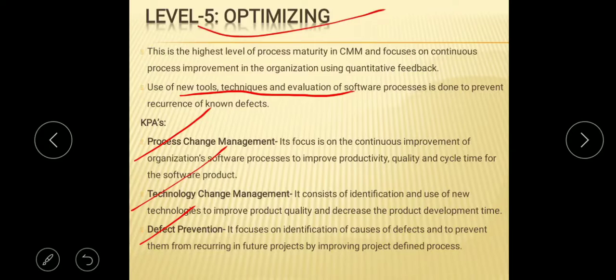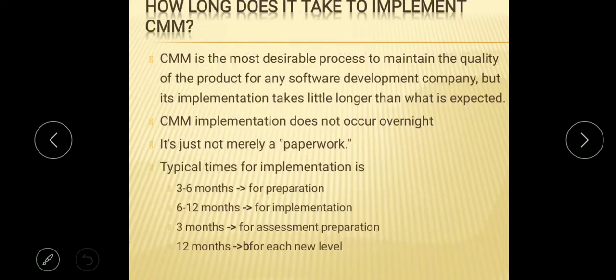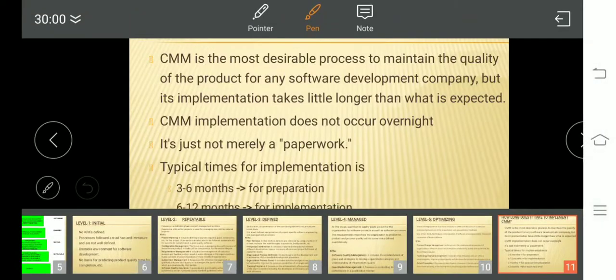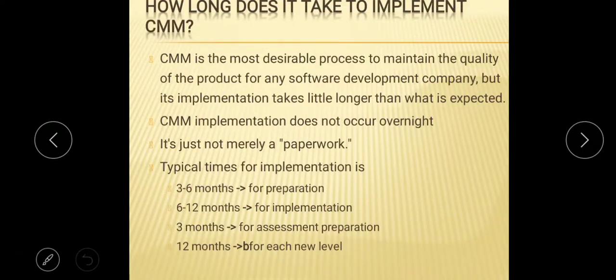Now the question is, how long does it take to implement CMM? CMM is the most desirable process to maintain the quality of the product for any software development company, but its implementation takes little longer than what is expected. CMM implementation does not occur overnight.